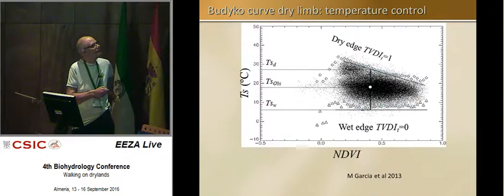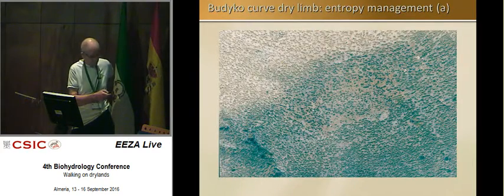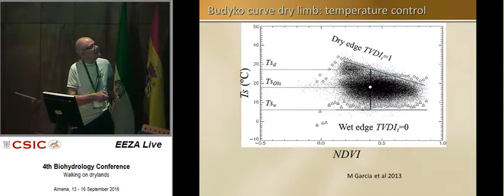And we call the wet edge here, which is the lower temperature, and the dry edge here. And here the values are NDVI. So NDVI is vegetation density. And in areas of low vegetation density, the span is very high.